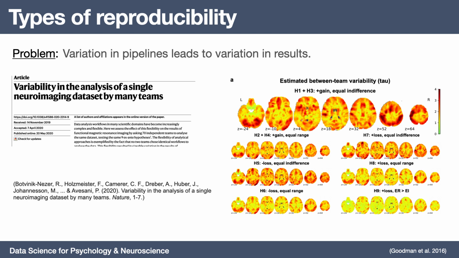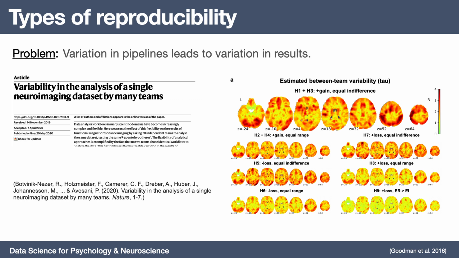So that even though the groups were working with the exact same data and had the exact same analytical goals, there was substantial variability across groups just as a result of the slight variabilities in their pipelines.